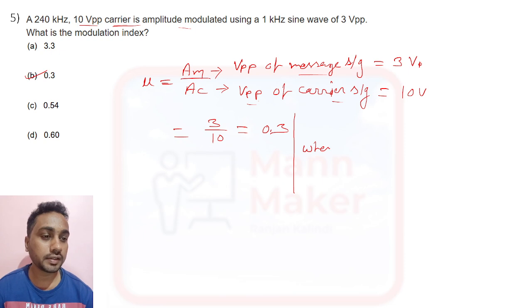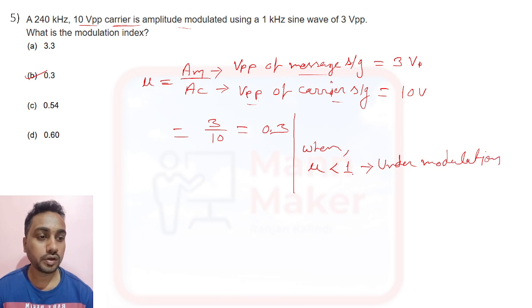When the modulation index mu is less than 1, it is called under modulation.